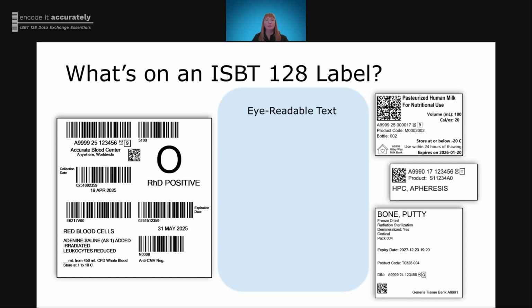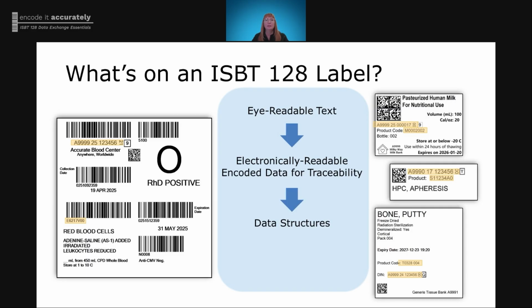They all contain eye-readable text, which corresponds to electronically readable encoded data for traceability, such as the donation identification number and the product code, as well as other required or optional data, depending on the type of MPHO. The electronically readable data is encoded using data structures, which can be made up of one or more data elements.